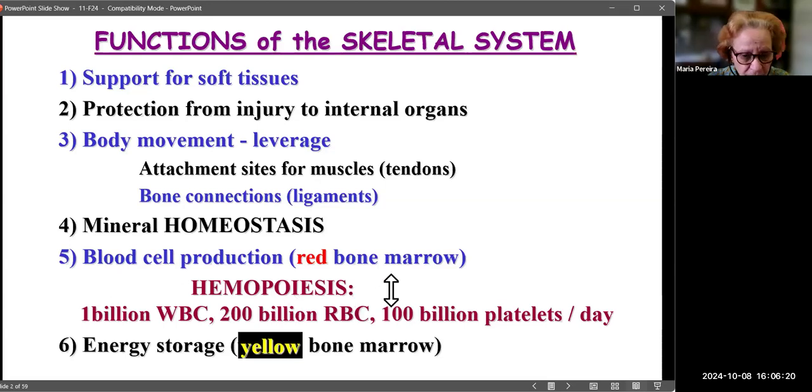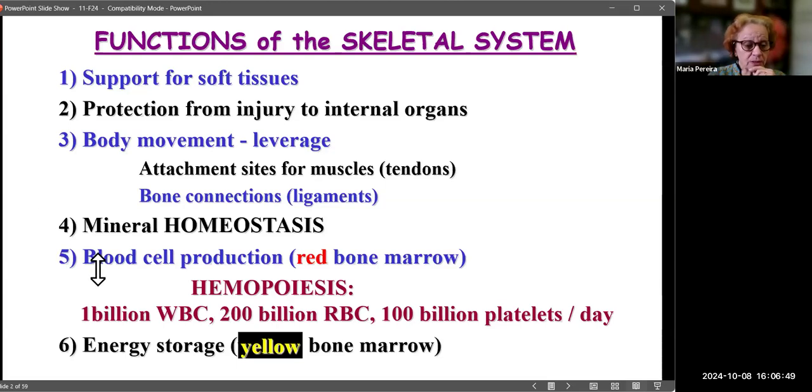Another very important function of the bones is that they store the stem cells for all the cells in the blood: white blood cells, red blood cells, and platelets. The stem cells, the precursors, are stored in the bone marrow that is stored in spongy bone.